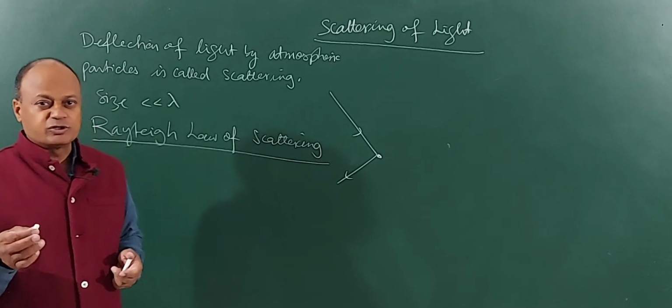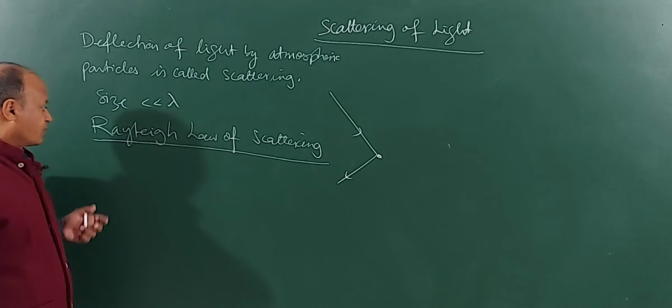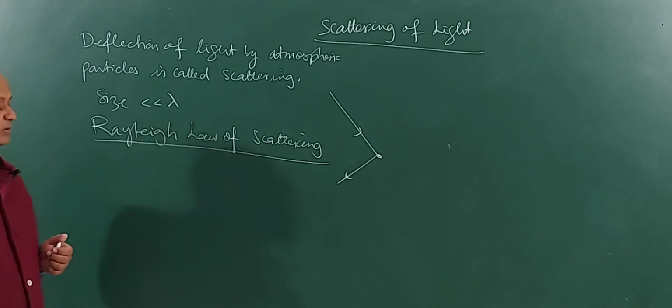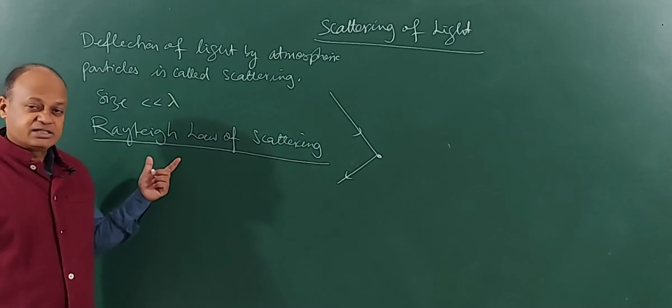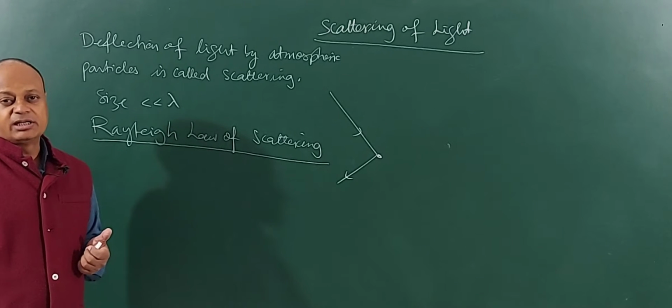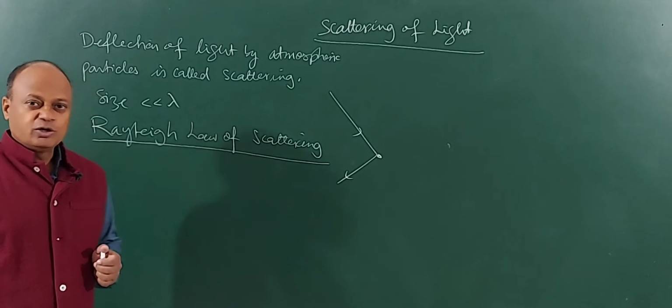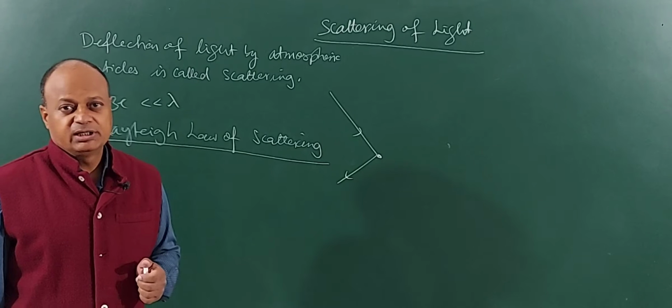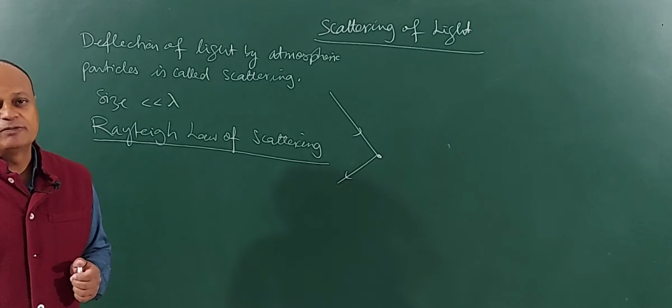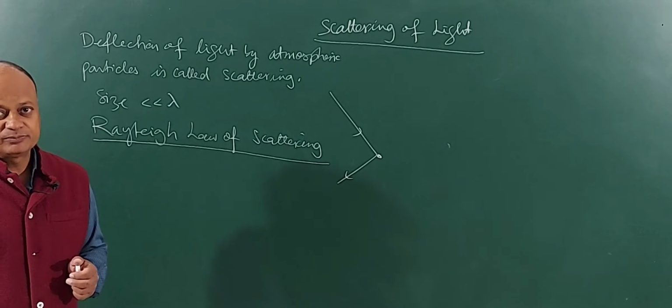Even comparable will also do, but should not be larger. Now, Lord Rayleigh, a British physicist, suggested that intensity of scattering is inversely proportional to the 4th power of the wavelength of light used. Okay?